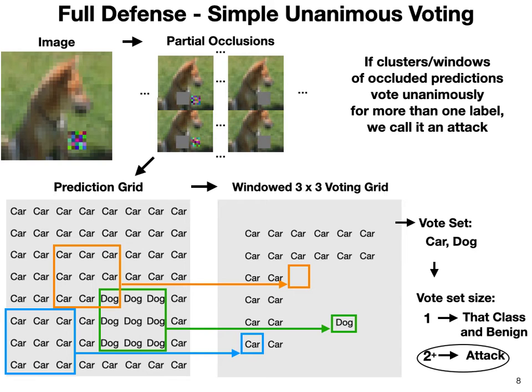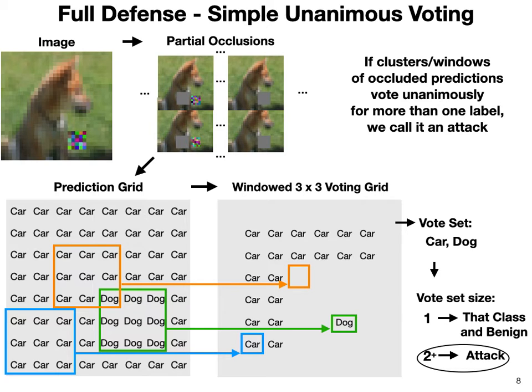This is our full unanimous voting defense. Once we have our prediction grid, we consider if there are clusters of predictions for just one label or more than one label. As our occlude area and stride guarantee a 3x3 grid of the original predictions, our clusters are 3x3 windows into the prediction grid.